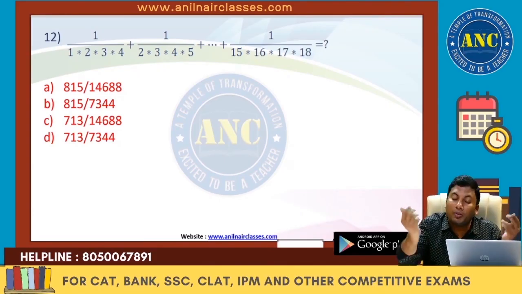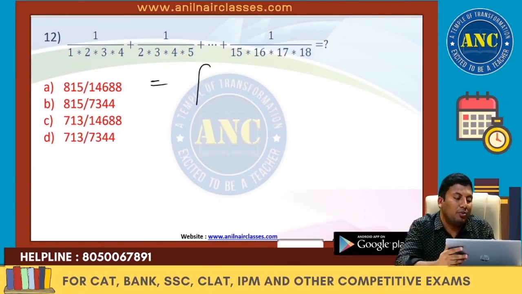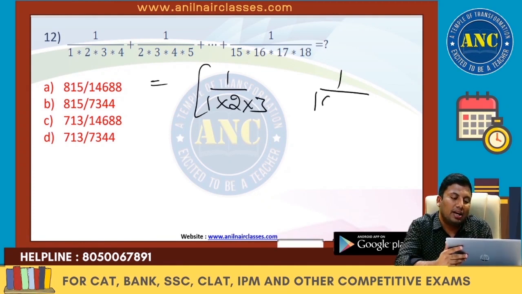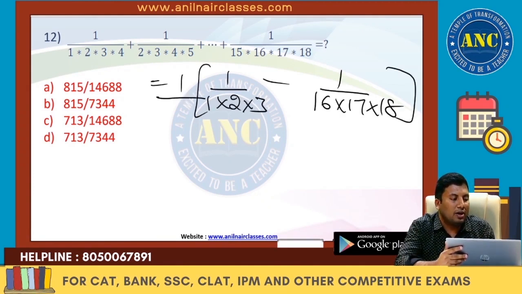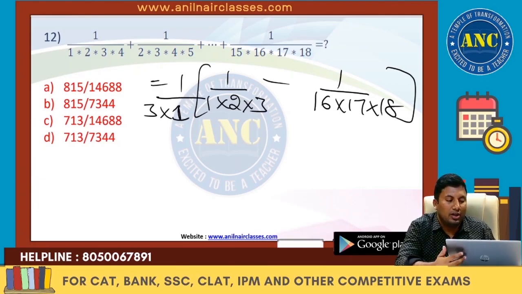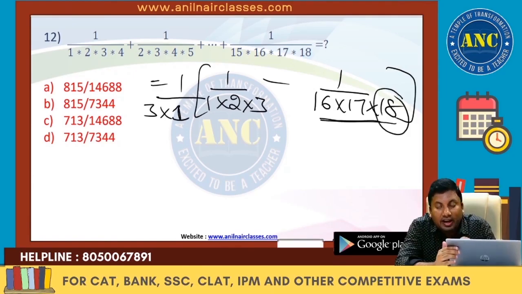Next, 4 numerical values are there. If 4 numerical values are there, write the first 3 numerical values and write the last 3 numerical values. 4 numerical values are becoming 3. Common difference is 1. 1 by 3 into 1. Now if you observe, last 3 numerical values, 18. 18 is 2 into 9.